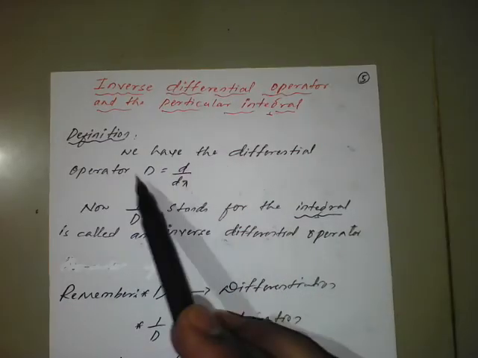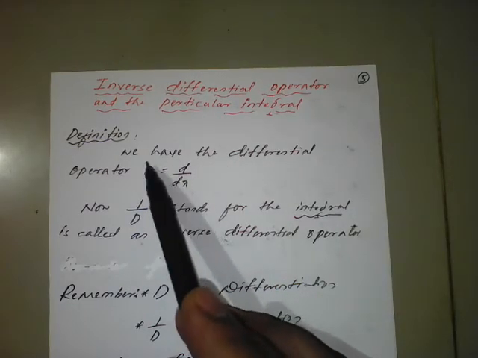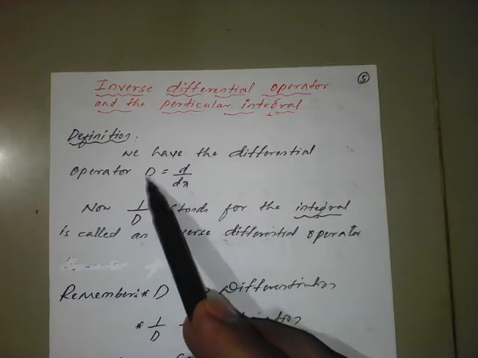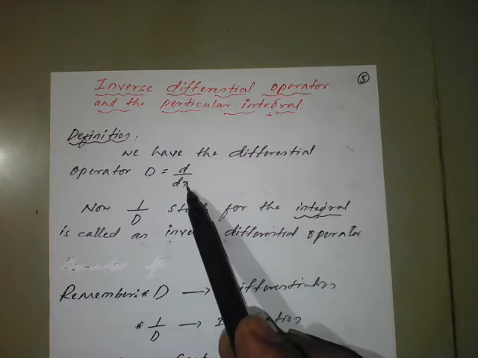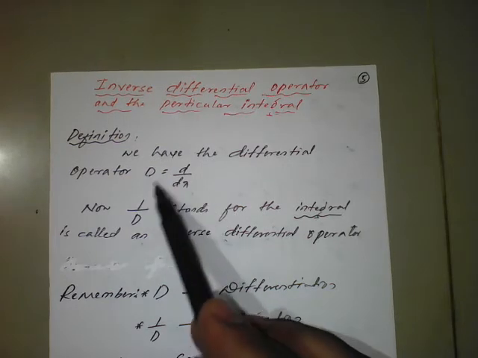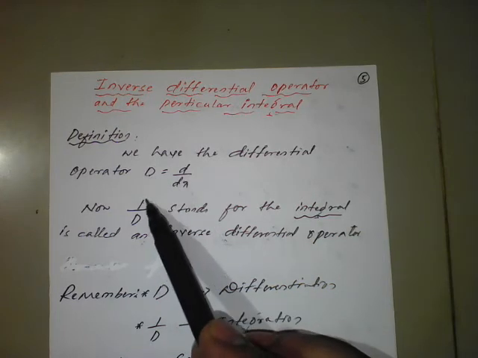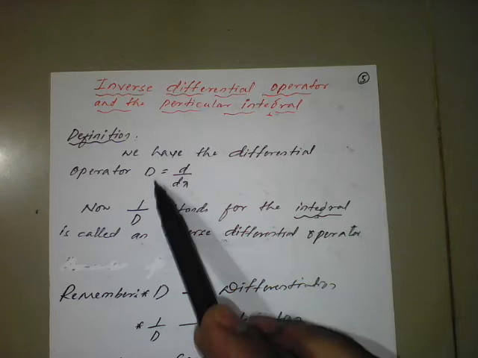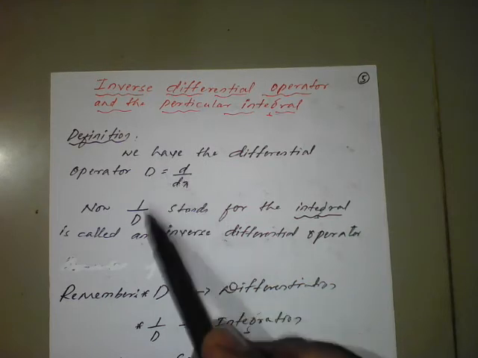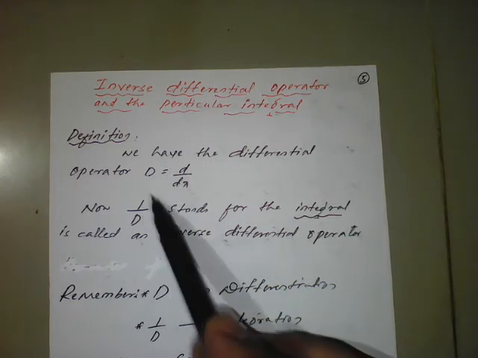We know that D is a differential operator, which means d by dx. Inverse of D, what do you mean by inverse of D? It can be written as 1 upon D or D raised to minus 1. Inverse means we have to take the reciprocal.